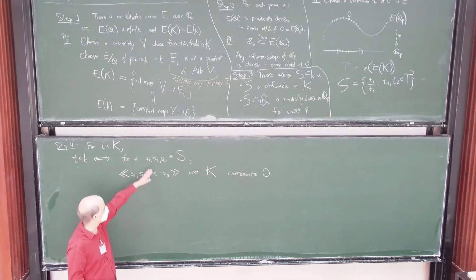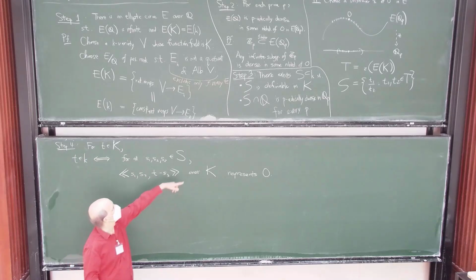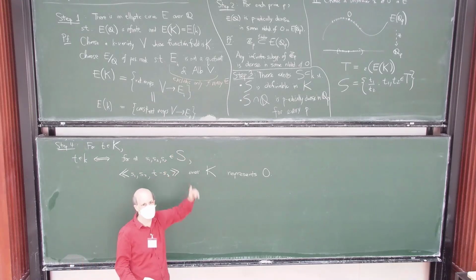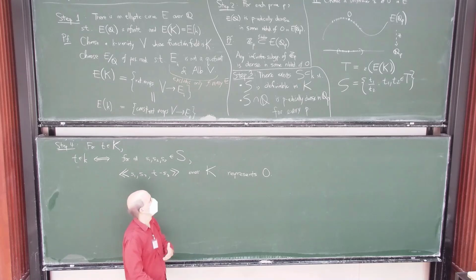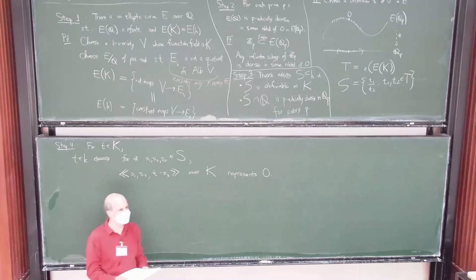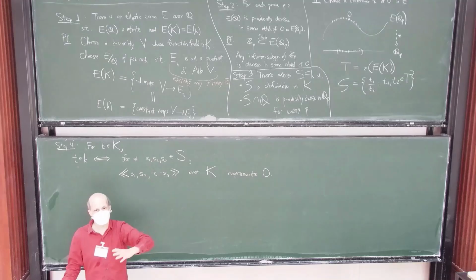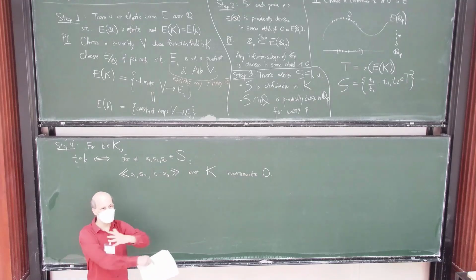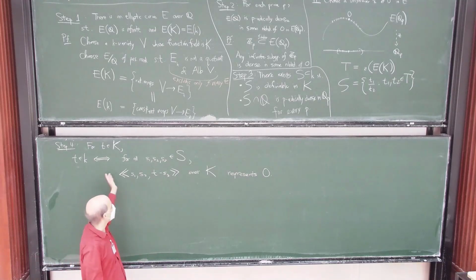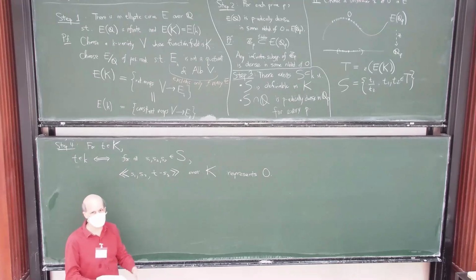So what you would actually do is, this thing depended on the choice of elliptic curve, but you take all elliptic curves, and you define all the subsets this way. You get a big collection of sets, and among those sets, the little k appears in them.